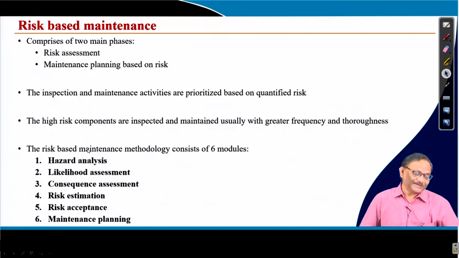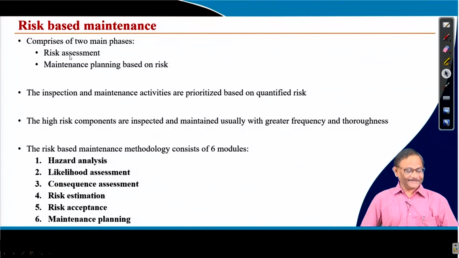When we say risk-based maintenance, obviously you can understand that risk assessment is one of the important parts of it, and we have given you enough information about risk assessment. By this time, you are quite knowledgeable about risk assessment, and then the maintenance planning based on risk is what you may be interested to look into from this lecture.